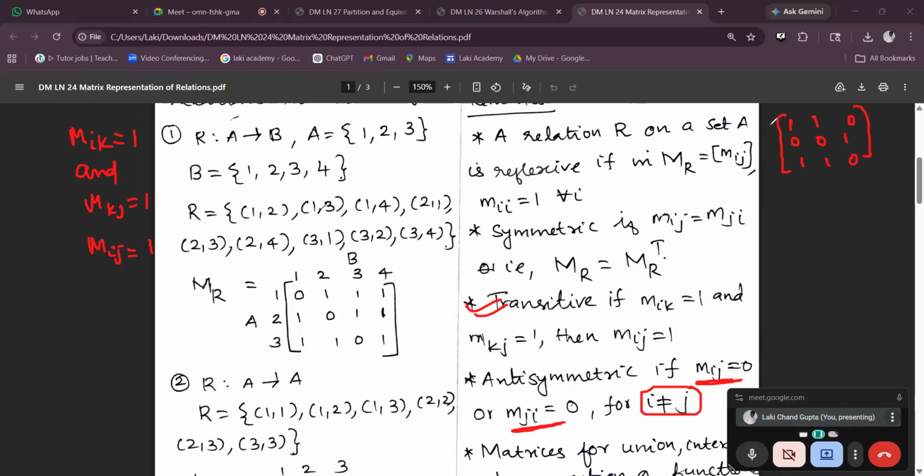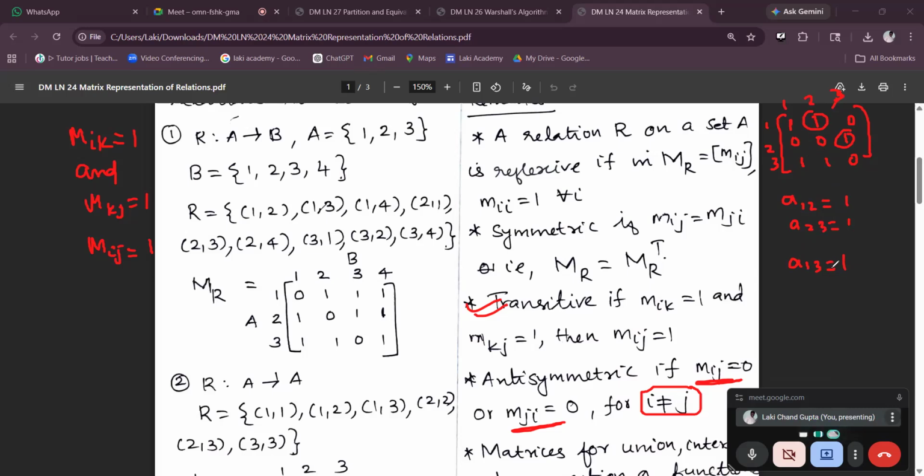For example, this is what, A12, right? And this is what, A23. So what will you check? A13. Is A13 1 or not? Not 1.